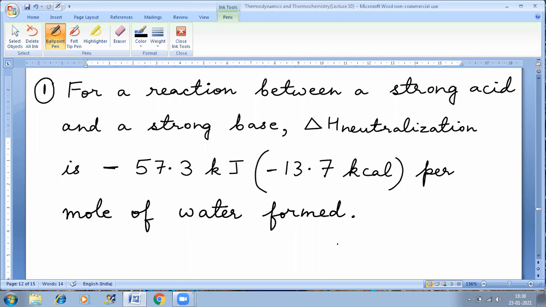Okay. For a reaction between a strong acid and a strong base, delta H neutralization is equal to minus 57.3 kilojoule. Also, we can see that it is equal to minus 13.7 kilocalories per mole of water formed. अब मुझे बताओ, अगर 2 moles of water are formed in the reaction, तो क्या होगा फिर?